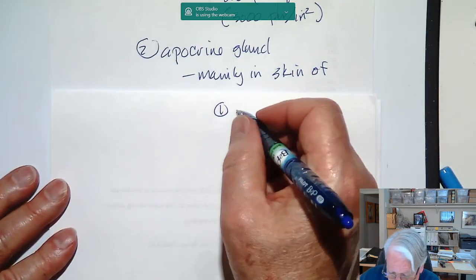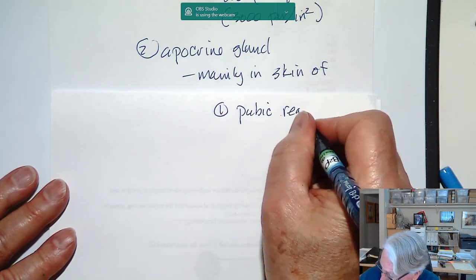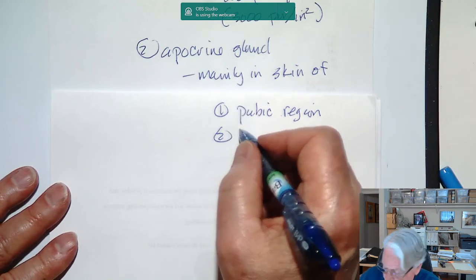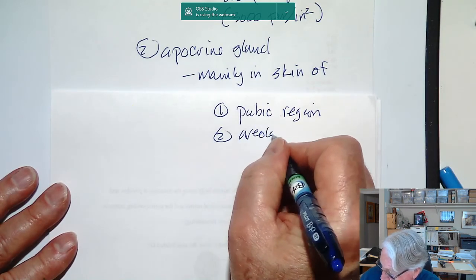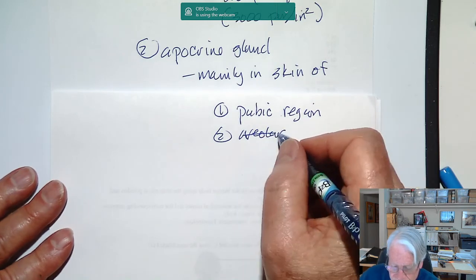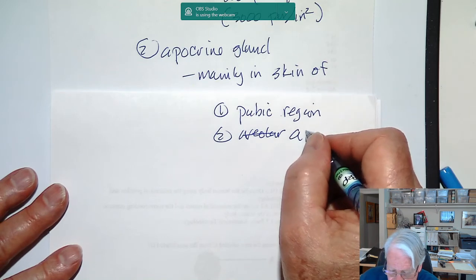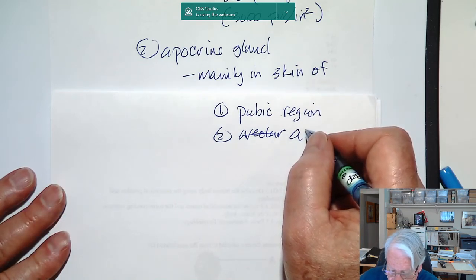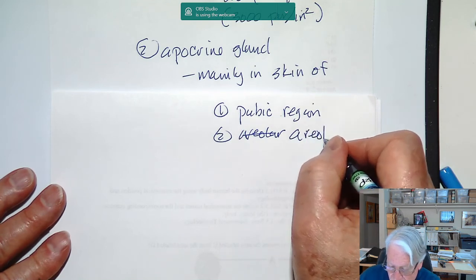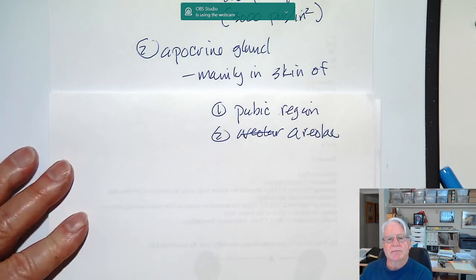Number 1, the pubic region. The areola, which is the dark patch around the nipple. Okay.